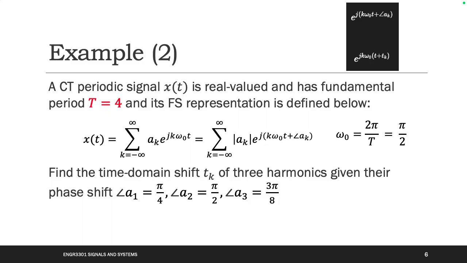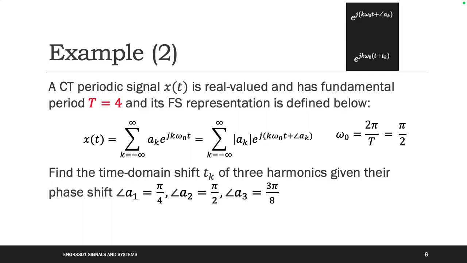And then we know omega_0 equals 2 pi over T, which is pi over 2. So you can get this equation, am I right? Then you have a_k, you can get t_k. t_1 is when k equals 1, then you put a1 here, and for t_2 you just put that in.